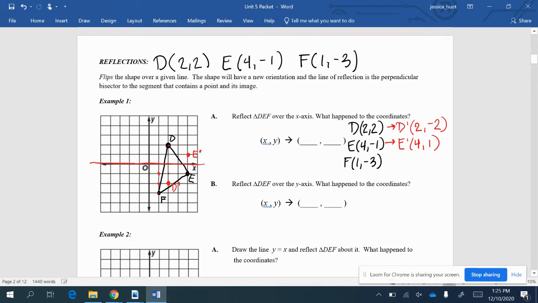So I'm going 3 in the opposite direction, 1, 2, 3. So here is F prime. So my new shape is here in red. So F prime is at 1, positive 3.